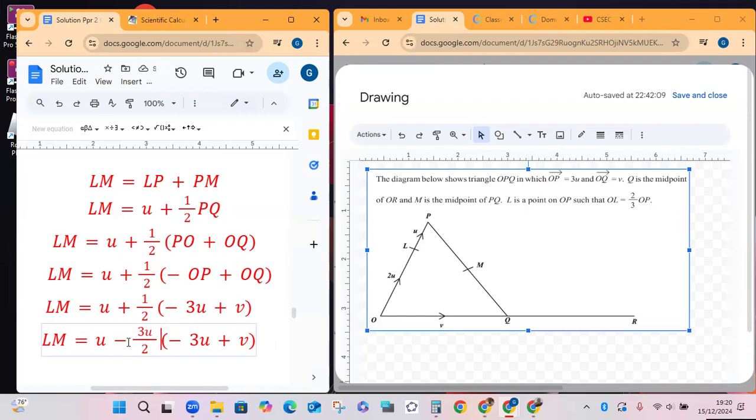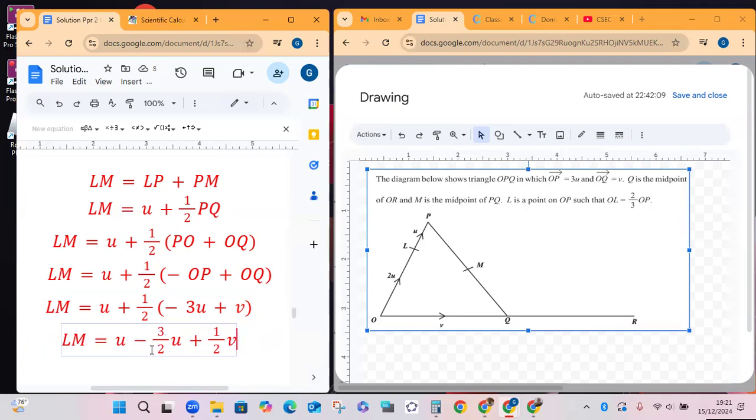And a half times v, we can put the u on the side here, like a coefficient. So minus 3 over 2 u plus a half v. A half times v is a half v. So brackets cleared. Right.